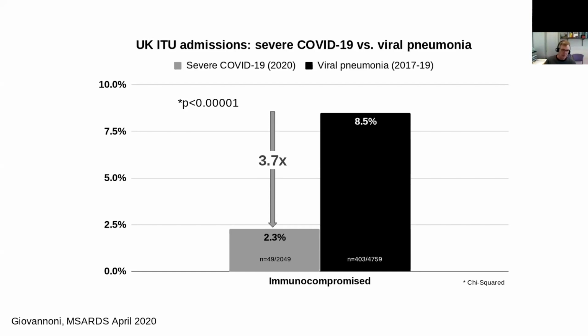There's one looking at fingolimod, and one neutralizing antibody against gamma interferon. In the rheumatology literature, people on anti-TNF therapies and JAK inhibitors, which are also anti-inflammatory, have a much lower risk of severe COVID-19. So there's lots of incidental data suggesting that mild immunosuppression is potentially protective against severe COVID-19.